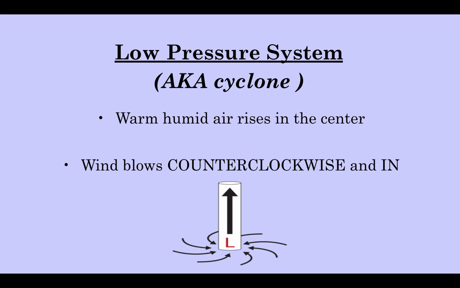So remember, warm air is going to rise in the atmosphere because it has lower pressure. We just learned that with the hot air balloons. And humid air has less pressure because it doesn't weigh as much as dry air, so that also causes it to rise. And wind blows counterclockwise and in.